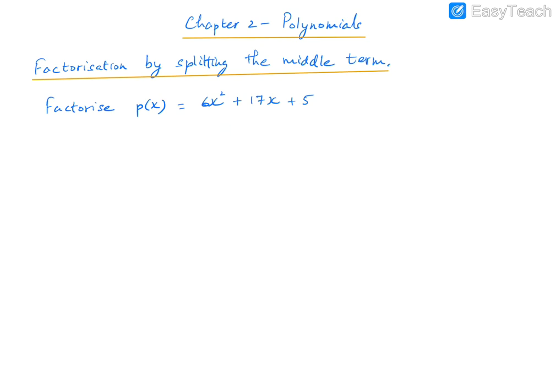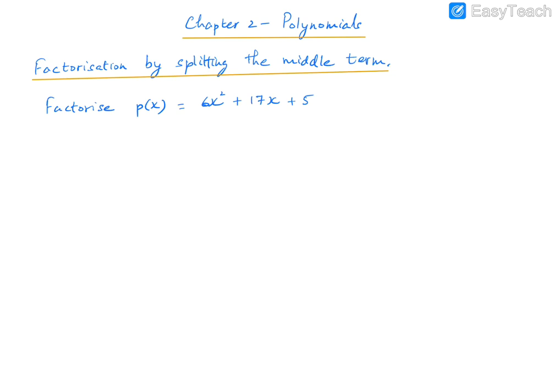What we have to do in this procedure is split this middle term, which is the term containing only x to the power 1, in a specific way, and after that we'll apply some basic algebra to simplify the expression, and then we will have our factorization completed.